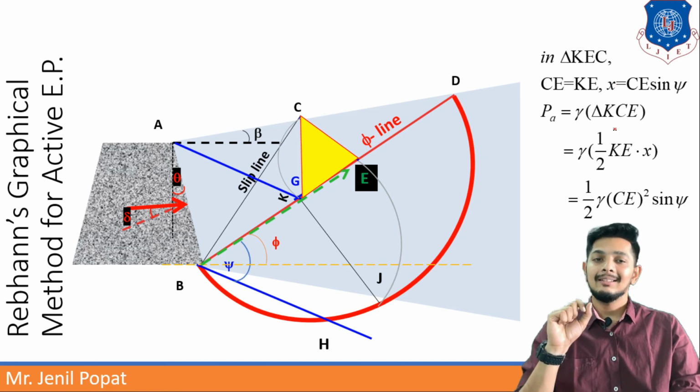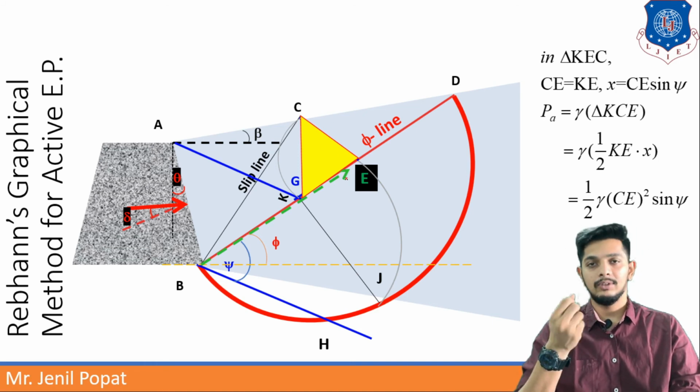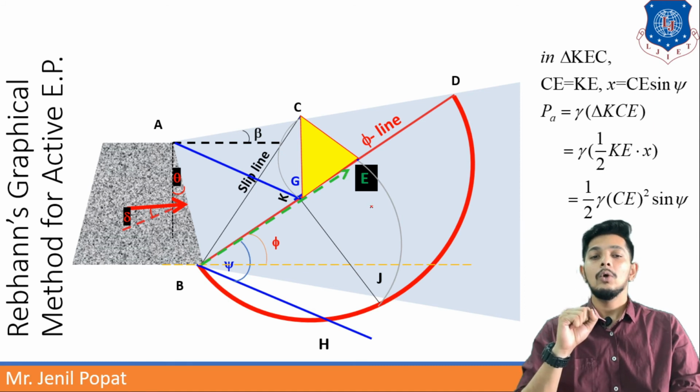Here, area of triangle KCE will be 1/2 KE, that is base, into X. X was perpendicular to this triangle. So 1/2 gamma CE square into sin phi. So if we know the CE value from the graphical presentation, and the phi value, we can get PA easily.